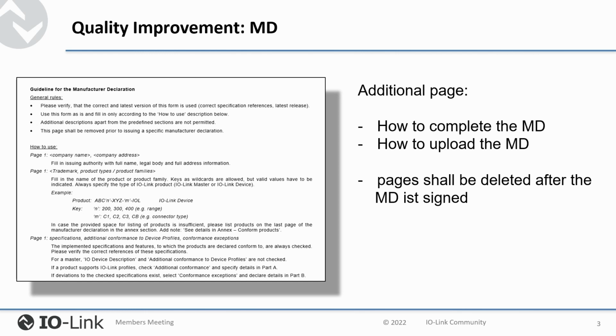So everybody who is asking, how should I fill in this manufacturer declaration, what maybe is an exception, what are the profiles, where do I have to do the tests, and what do I have to tick? We have a 2-page tutorial added to the manufacturer declaration. You can already download it from the website. At the end, for the final manufacturer declaration, you skip these 2 pages. So I think this is very convenient for handling the tests and the complete manufacturer declaration.